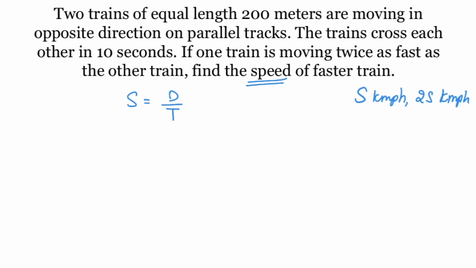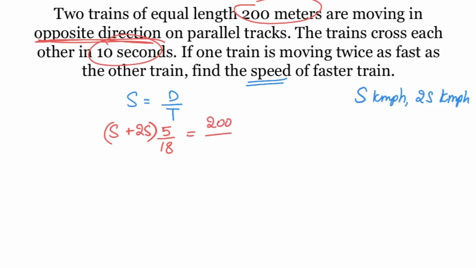Speeds of trains s and second train 2s, and if you see both the trains are moving in opposite directions, that's why add speeds, s plus 2s, totally 3s kmph. But distances and times are in meters and seconds, that's why multiply with 5 by 18. Speed is s plus 2s into 5 by 18. That is equal to distance 200 divided by time 10.